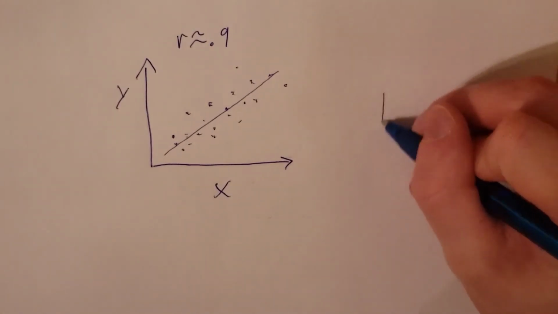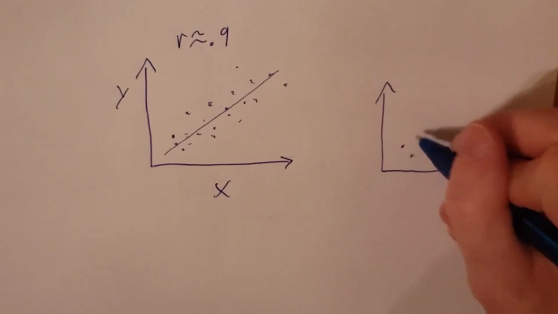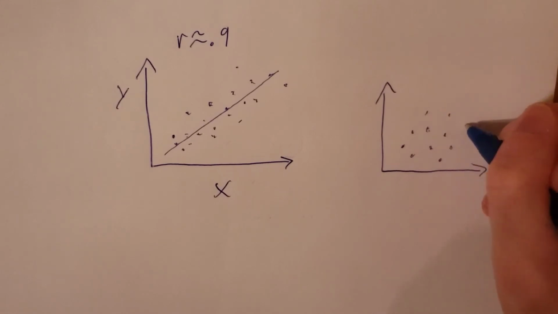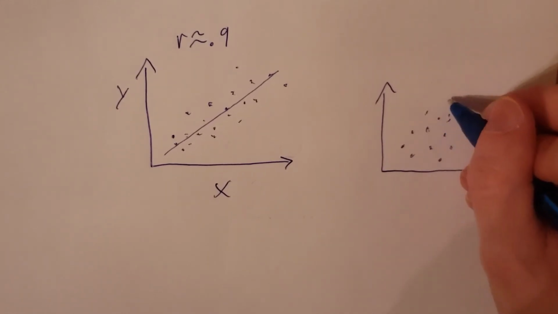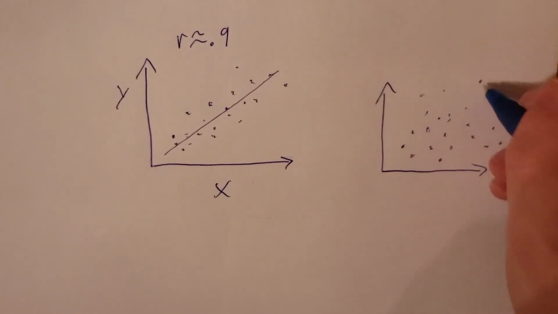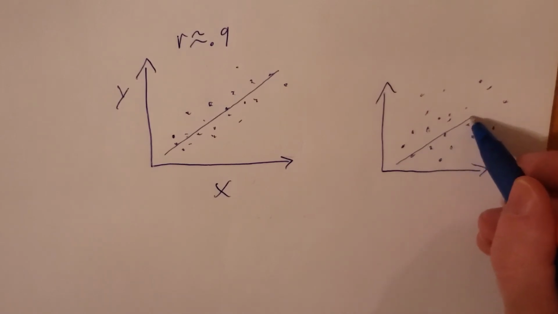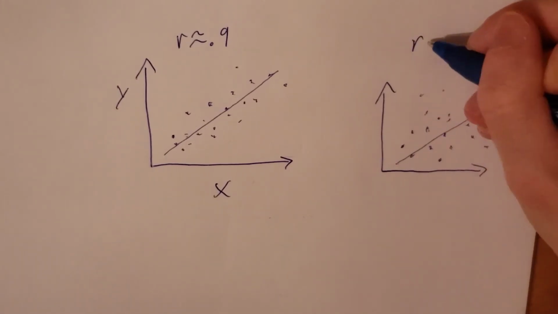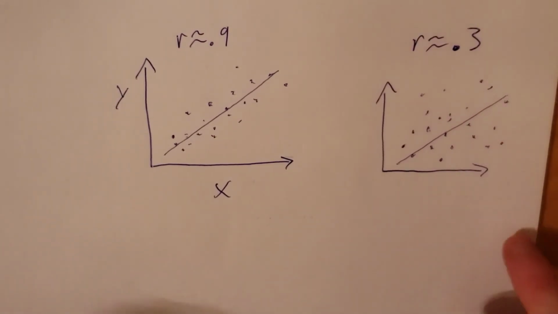We might have a less strong correlation between x and y. But in general, it still might be moving up as we move to the right. Well, this might be something like r is approximately 0.3 or so.